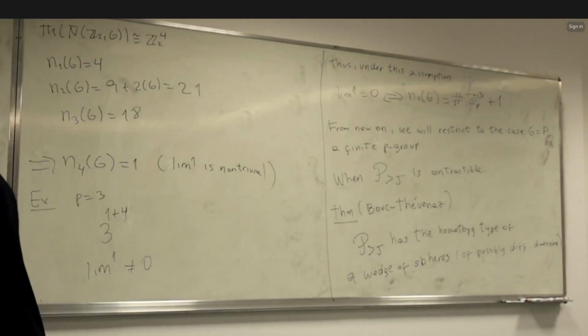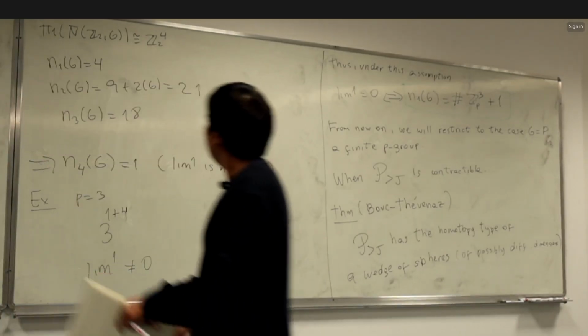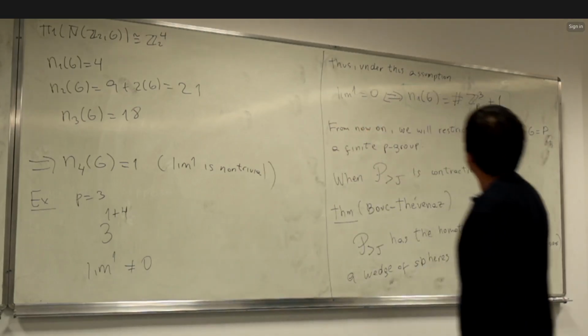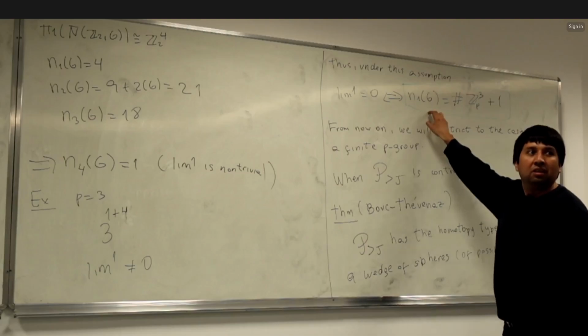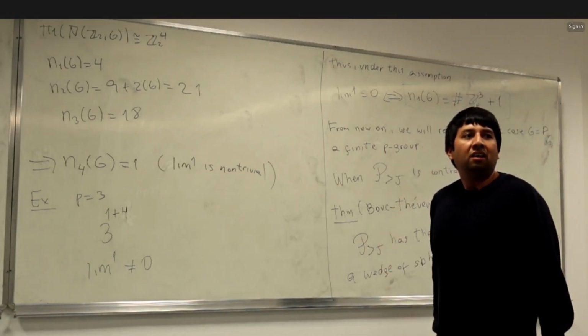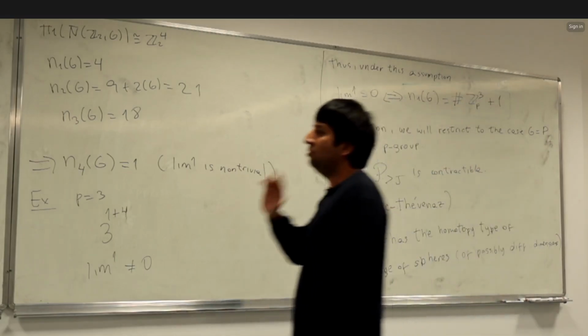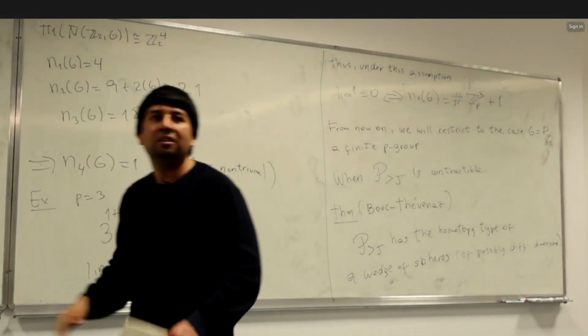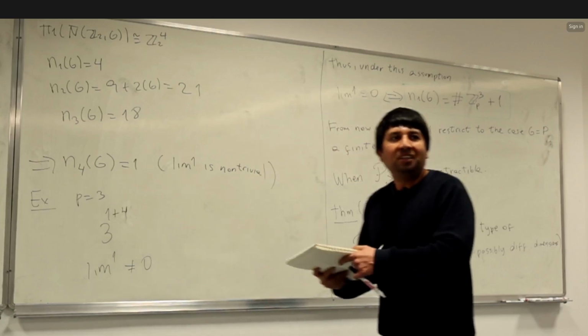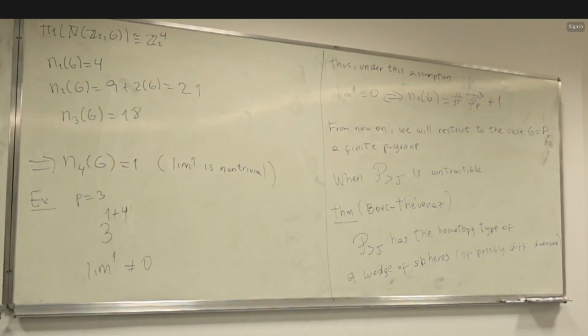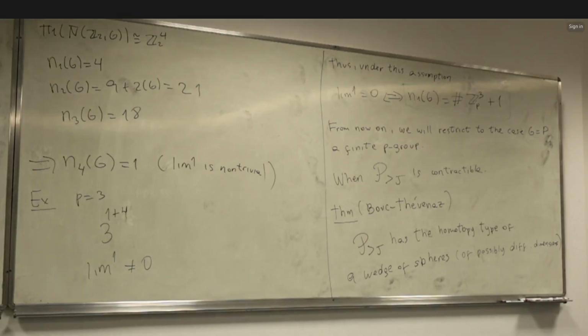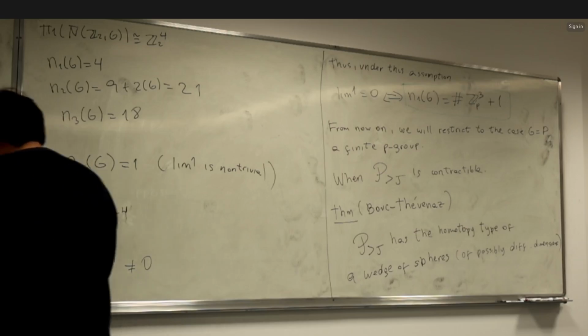We use the contractible case to reduce to this situation. These were the only examples where lim 1 is non-trivial. Yes, because the conjecture is that if the center is non-cyclic, lim 1 is 0. That's the final result, let's say.